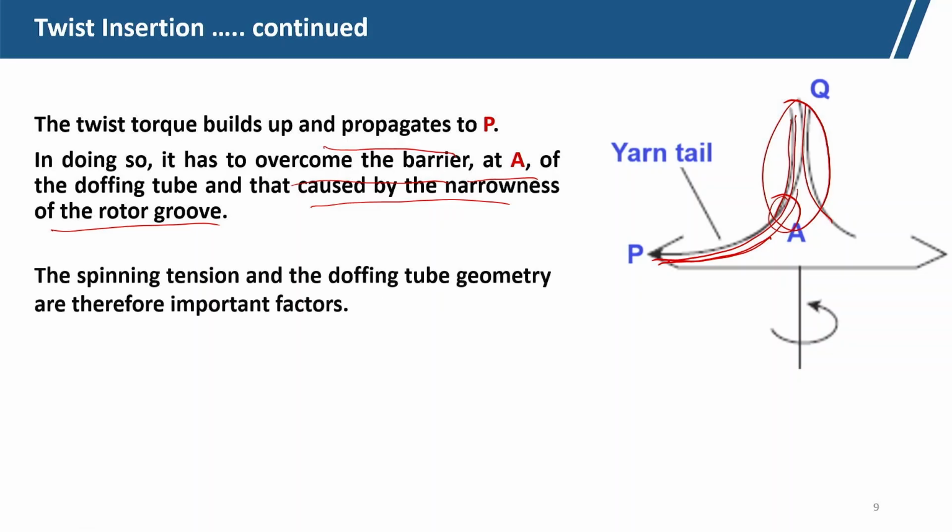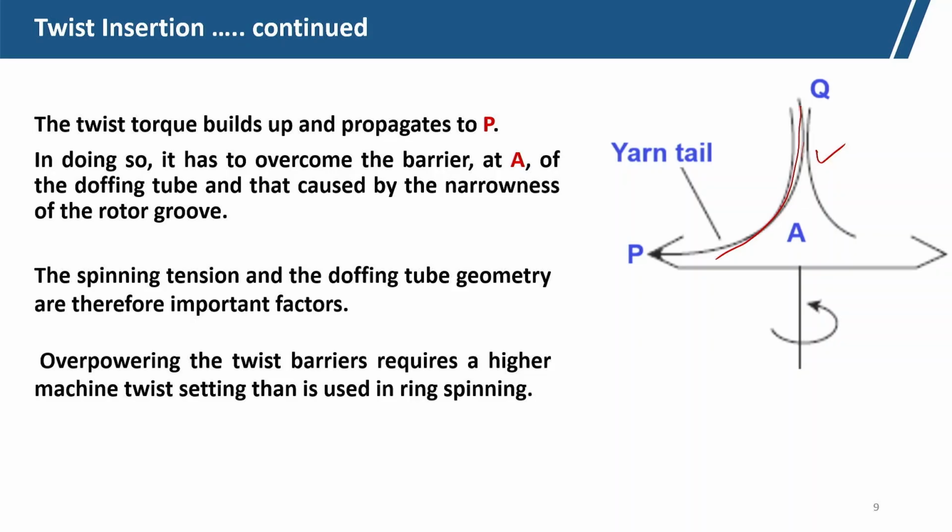The spinning tension and doffing tube geometry are therefore important. The doffing tube geometry has to be perfect and smooth, so that this twist torque can propagate easily.